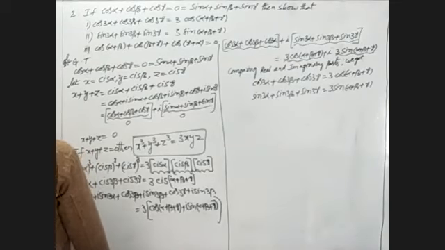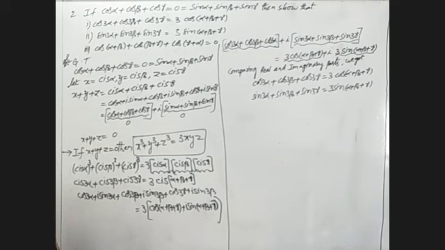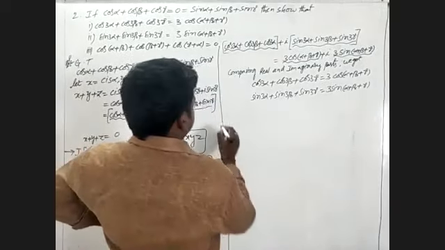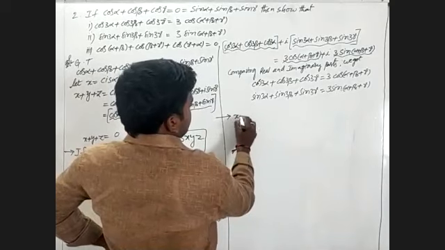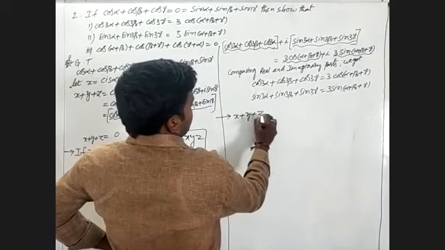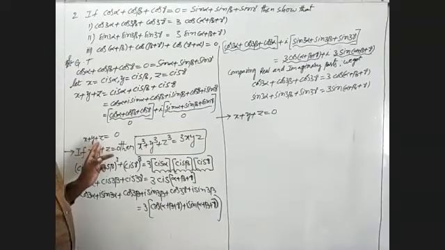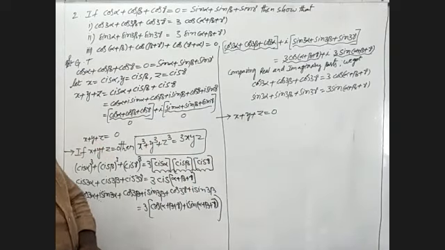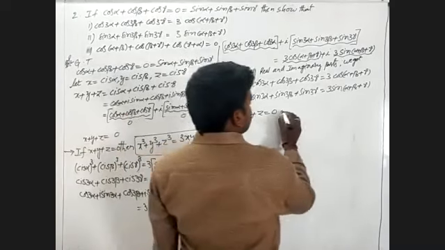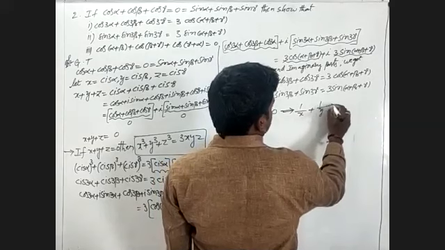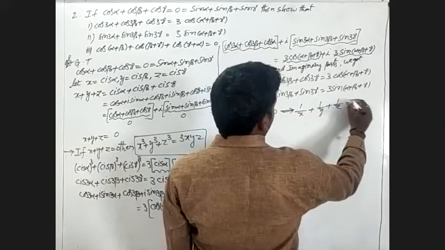After that, we'll observe here the given condition is x plus y plus z is equal to 0, which means their reciprocals are also 0. That I will write 1 by x plus 1 by y plus 1 by z will become 0.